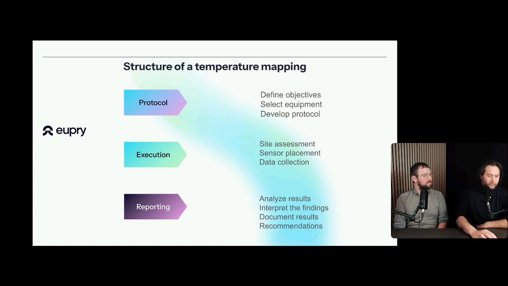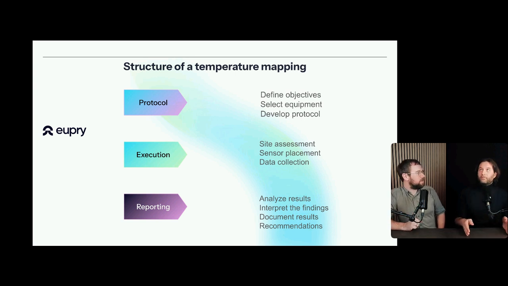During the site assessment, of course, we need to check what we have to map. This can be a smaller fridge, but can also be a big warehouse, any kind of temperature control unit. We need to understand where the HVAC system is positioned, where the doors are, where the windows are, where the ventilation of the fridge is, etc. Sensor placement is also very much defined by various regulations.